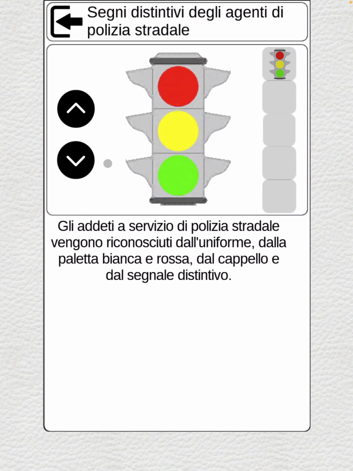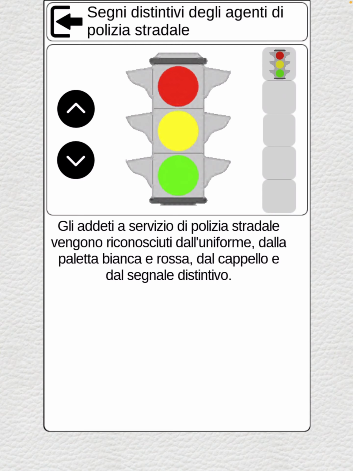Segnale distintivo degli agenti di polizia stradale. Gli agenti in servizio di polizia stradale vengono riconosciuti dalla uniforme, dalla paletta bianca e rossa, dal cappello e dal segnale distintivo. This one is easy, to recognize the police.